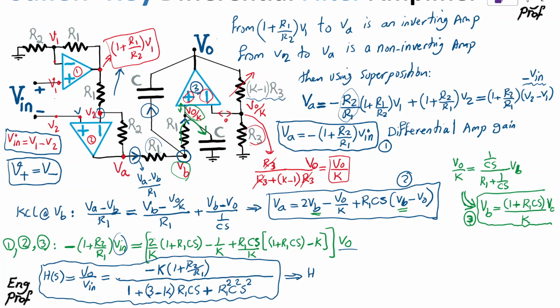Let's say I can form H of j omega by setting s equal to j omega for sinusoidal steady state analysis.